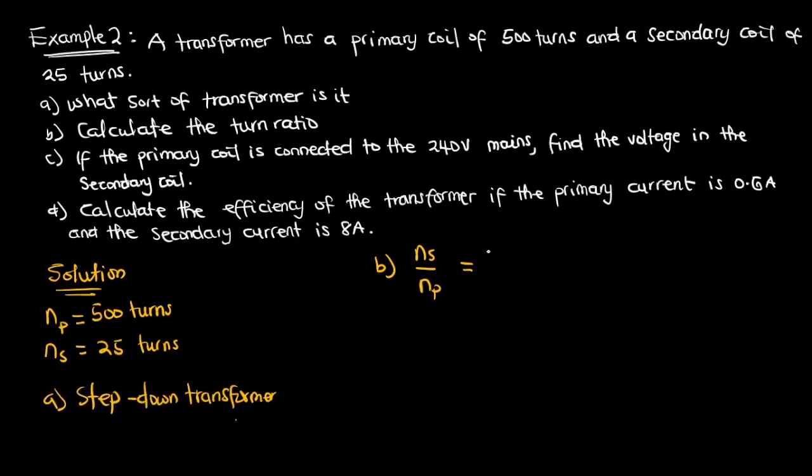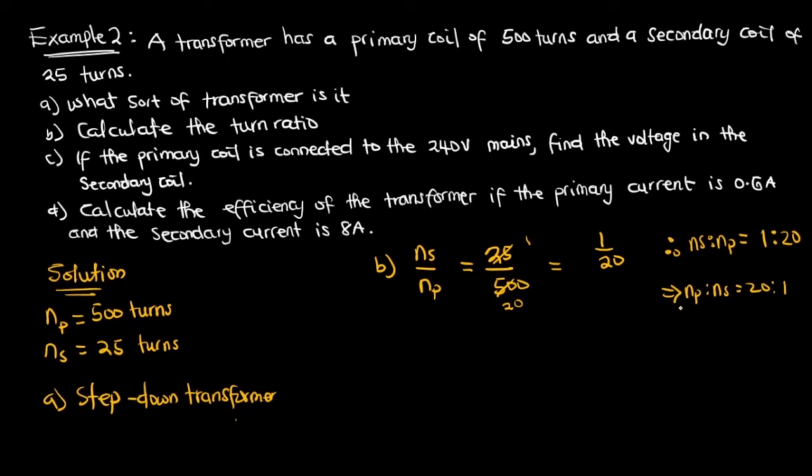So our NS is 25. Our NP is 500. Okay, so this will cancel itself once. It will go into 500 twenty times. So the ratio is 1 over 20, right? So therefore, it means that NS is to NP is equal to 1:20. It can also be 20:1 if you bring the NP first, NP is to NS, then it will become 20:1, right? Regardless of how you position it, it is still going to be correct.